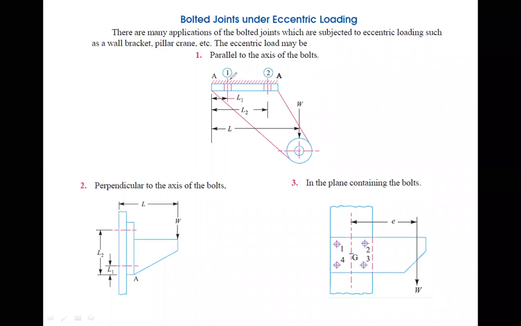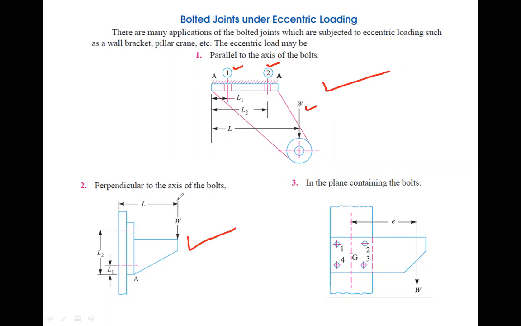In figure one, the bolts are parallel to the axis of the load. If this is the load W, here one and two are the axes of our bolts. When the axis of the load is parallel to the axis of the bolt, this is one condition.